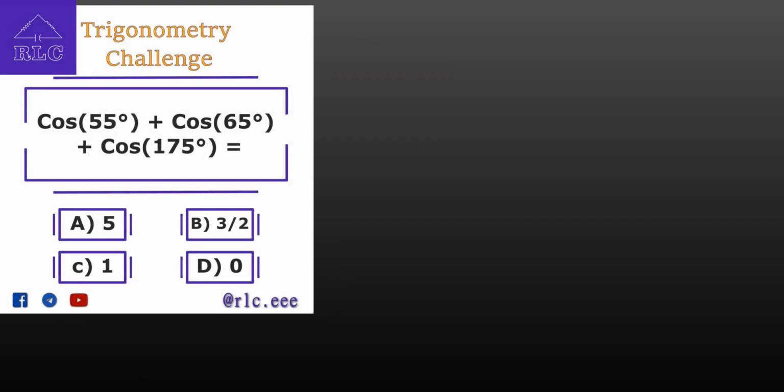Let us have the solution of the problem which I have posted on Facebook or Instagram, wherever it is. We got a good response for this, so let us have the solution for your reference. Here we have to use cos 55 degrees, keep it as it is, plus cos 65 degrees plus cos 175 degrees.